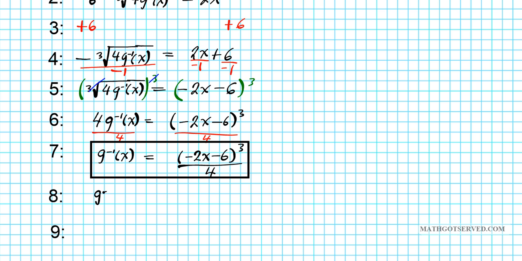So we'll have g inverse of x equals, now if I factor out -2 from these two numbers, I'll end up with -2 to the third power, okay, times x plus, if I take out -2 from -6, it becomes +3. Okay, raised to the third power. So that's by factoring out -2 from these two and then inserting that power to it. Okay, and then this divided by 4.